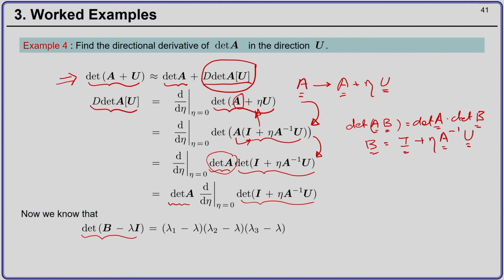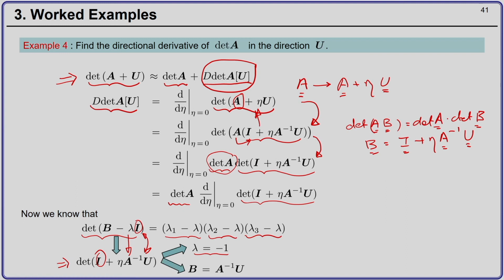Next, from the characteristic equation for a second order tensor, we know that determinant of B minus lambda I, where lambda is the eigenvalue, can be written as lambda 1 minus lambda into lambda 2 minus lambda into lambda 3 minus lambda, where lambda 1, lambda 2, lambda 3 are the eigenvalues corresponding to B. So, if we compare this relation with determinant of I plus eta A inverse u, we can see that lambda is minus 1, because of the coefficient of I, and B here is same as eta A inverse u.